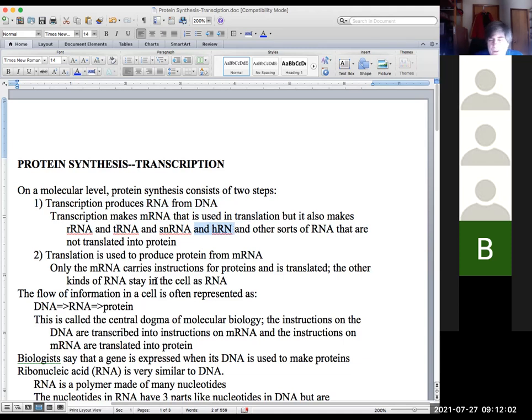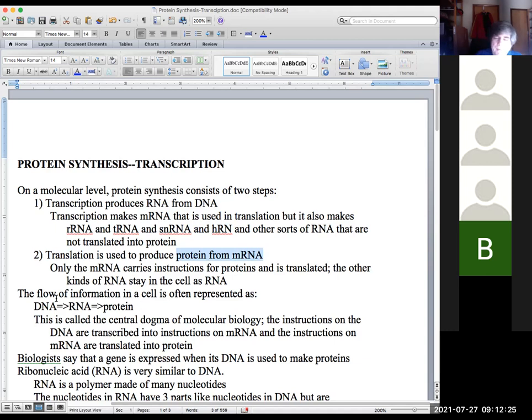So that's going to be our first step in making a protein. Our second step in making a protein is translation. You have to be careful because these words both start with trans, but transcription is making RNA from DNA. Translation is making protein from the information that's on the messenger RNA.